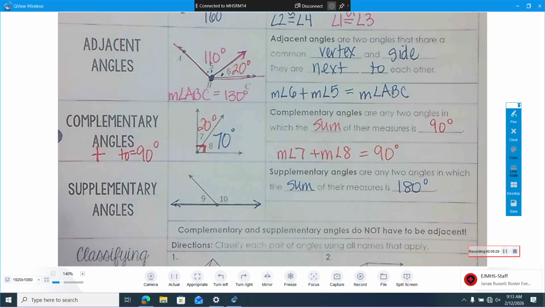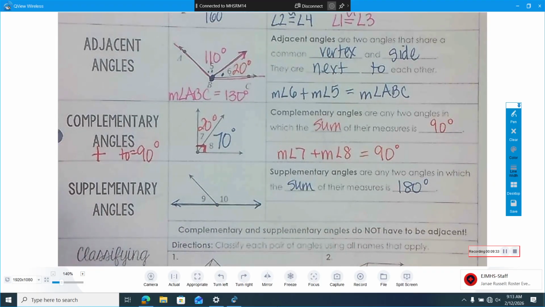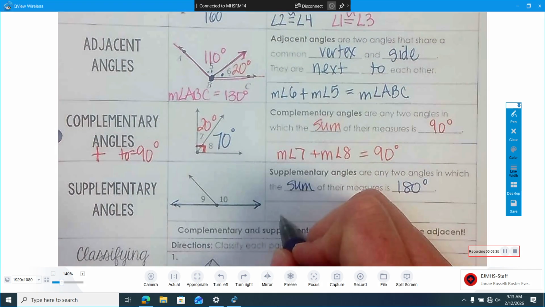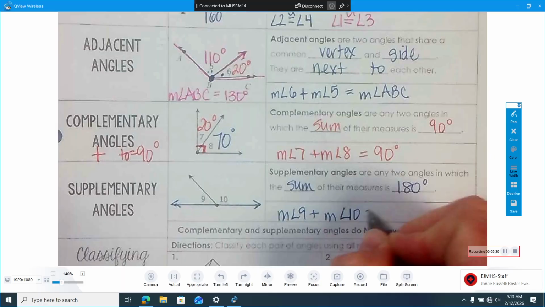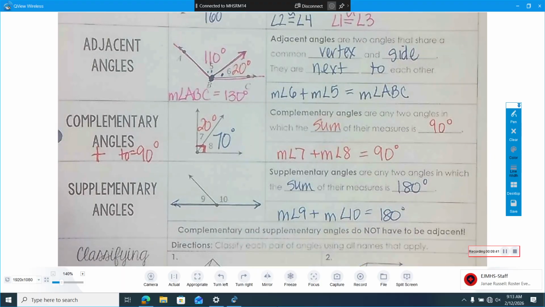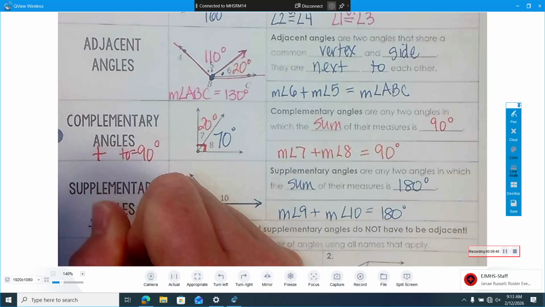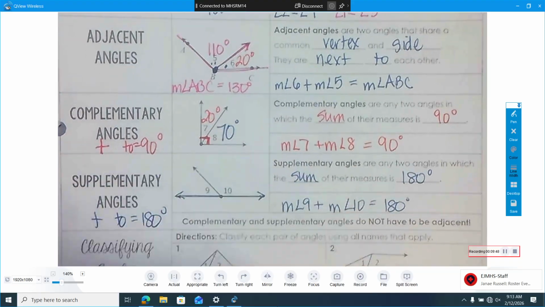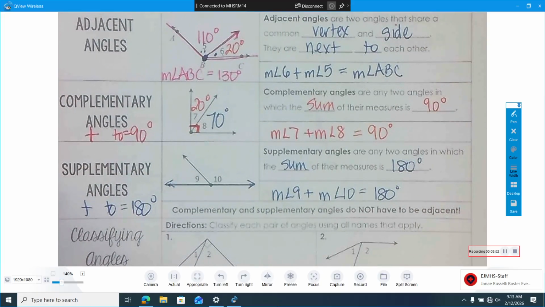That straight angle must be 180. So now we have two angles that are going to add up and equal 180. The measure of angle 9 plus the measure of angle 10 is going to have to equal 180 degrees. And so once again, supplementary adds to equal 180 degrees. Anytime you see that word supplementary, it means we got 180.